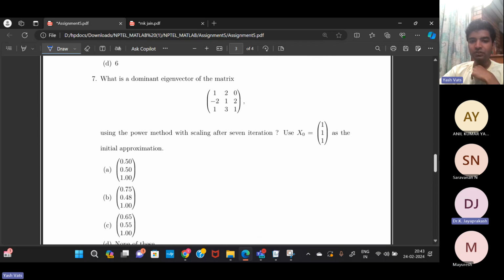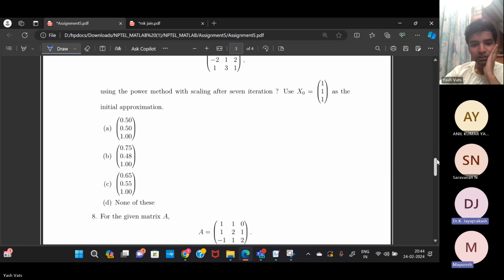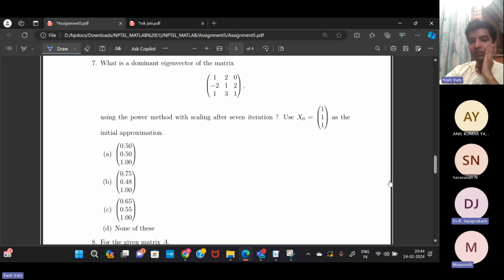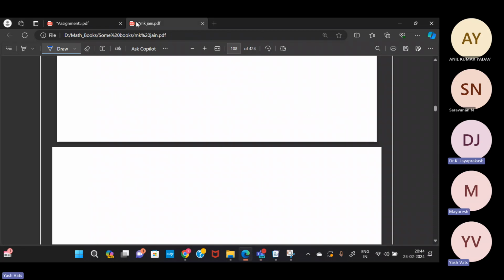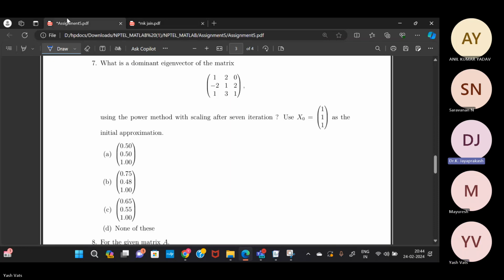The power method gives the dominant eigenvalue and eigenvector. And what is the dominant eigenvector of the matrix? Let's recall the definition of that. Let me show you.